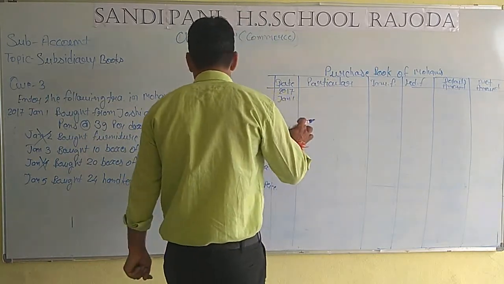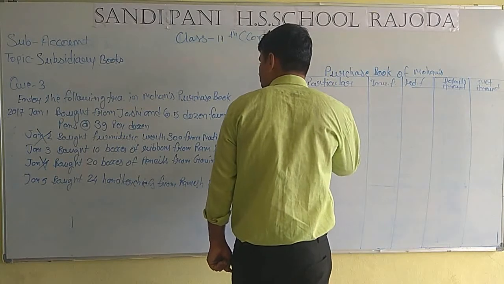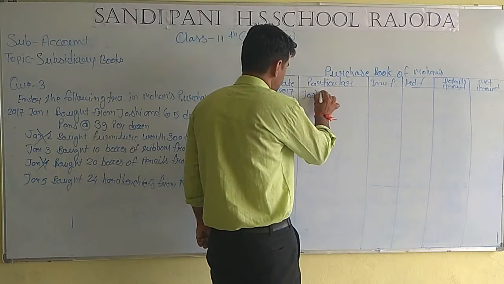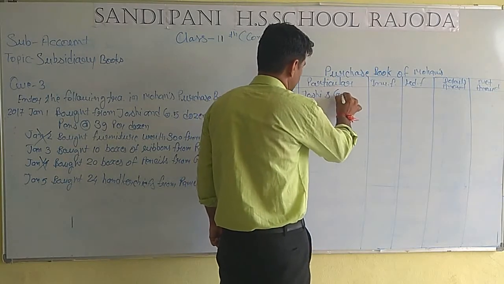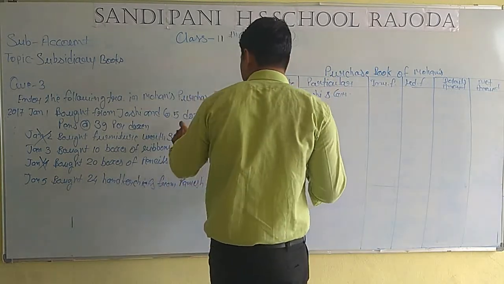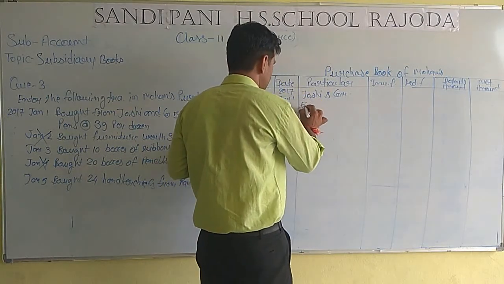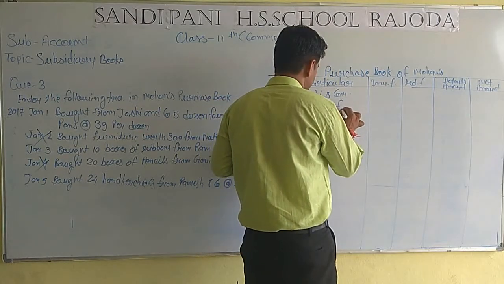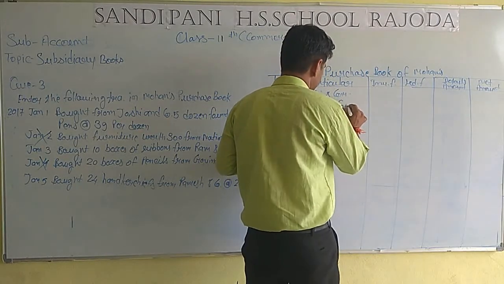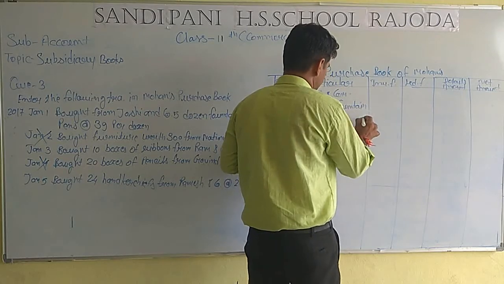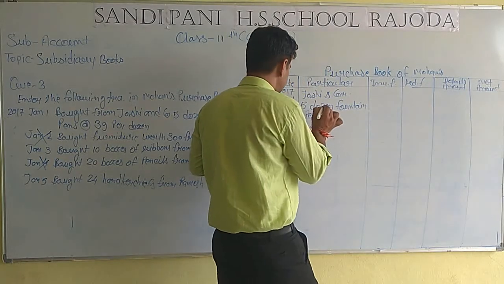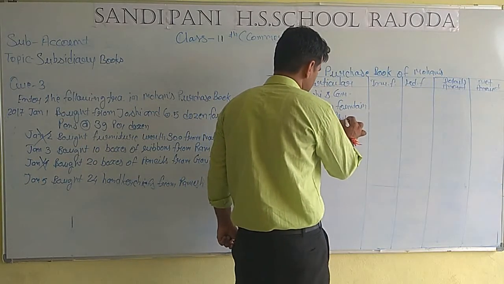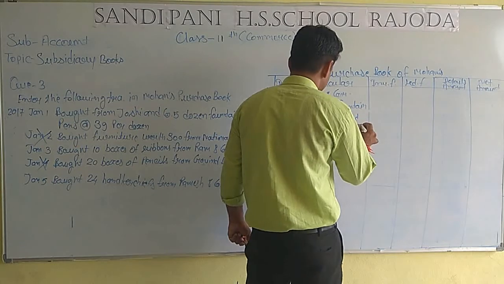So first of all we will write in the particular column: Joshi and Company, 5 dozen fountain pens, 39 rupees per dozen.